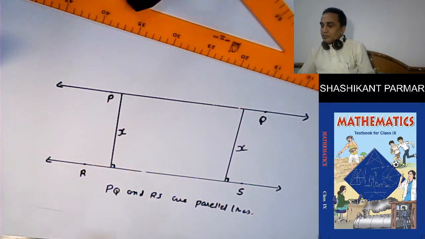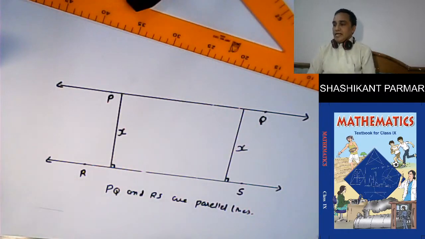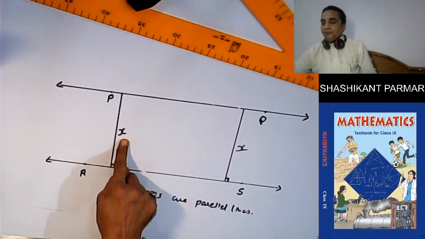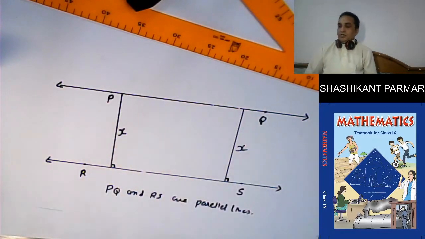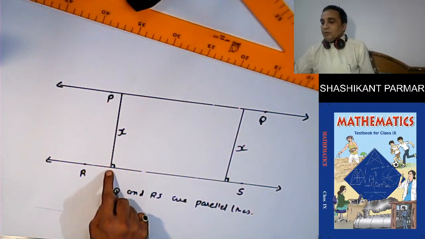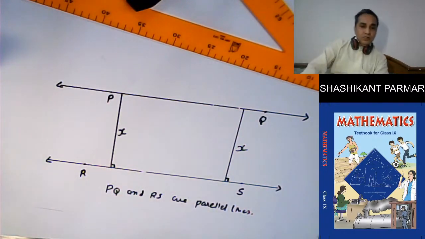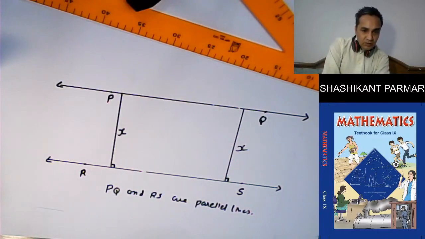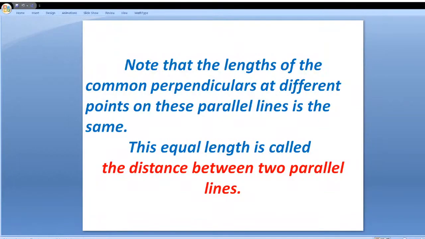Here, the distance between two parallel lines PQ and RS is x, but this line segment should be perpendicular. Okay.